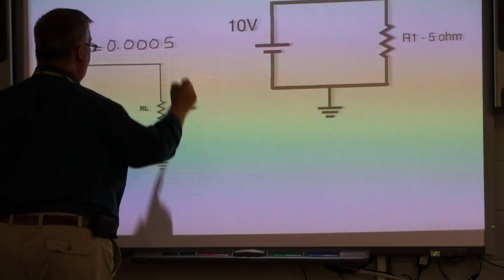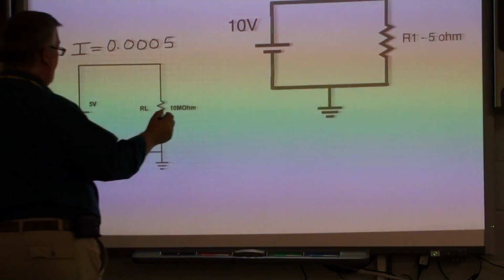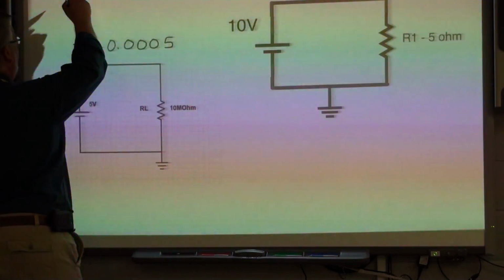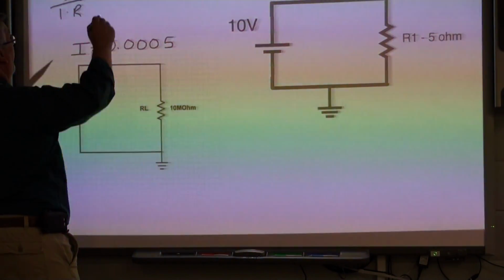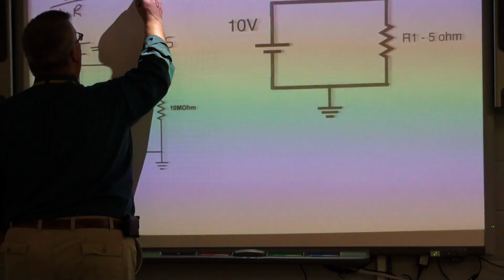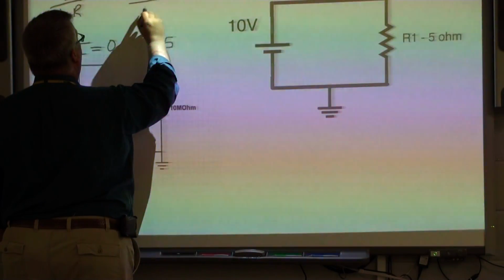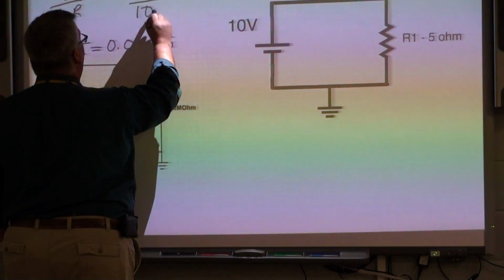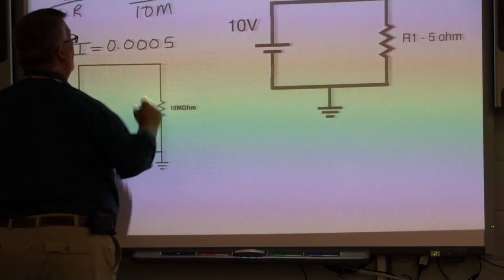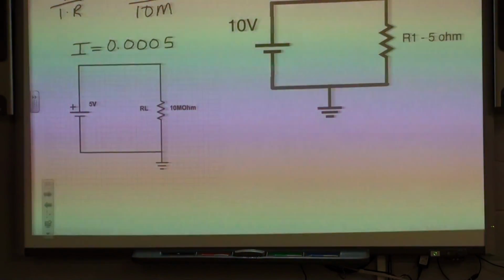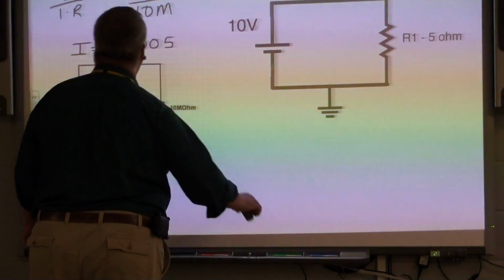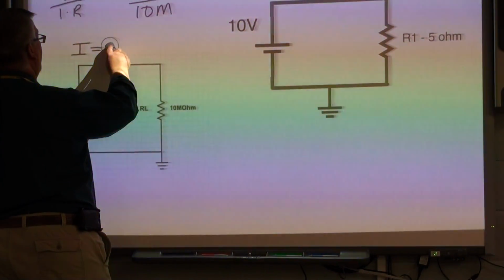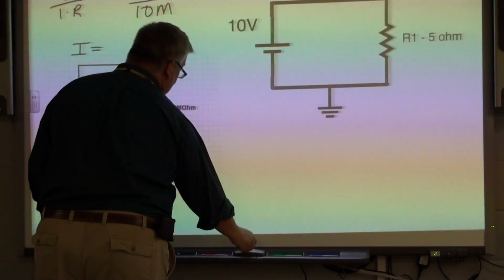So our formula is what? Let's see if we're right. V equals I times R, right? We're looking for I, so that's going to be V, which is 5, divided by 10 mega. That means 10 million. So it would be 5 divided by 10, with 6 zeros behind. So we have to make sure.